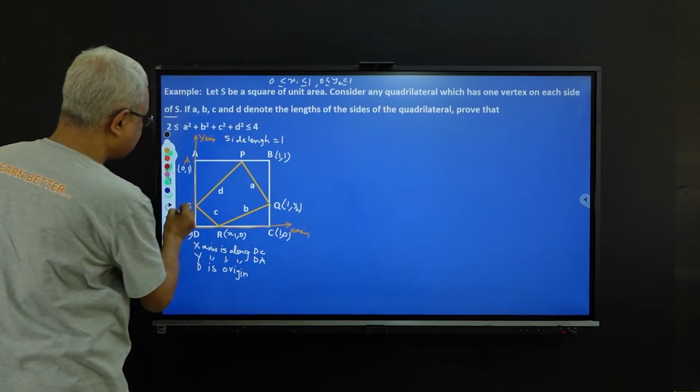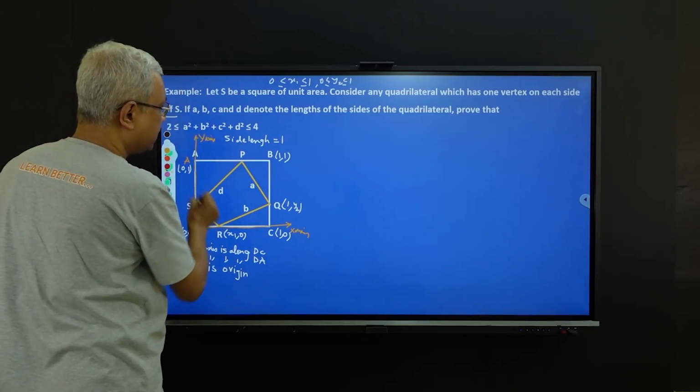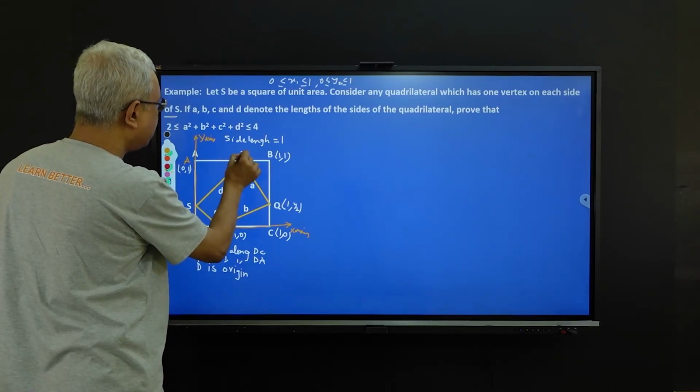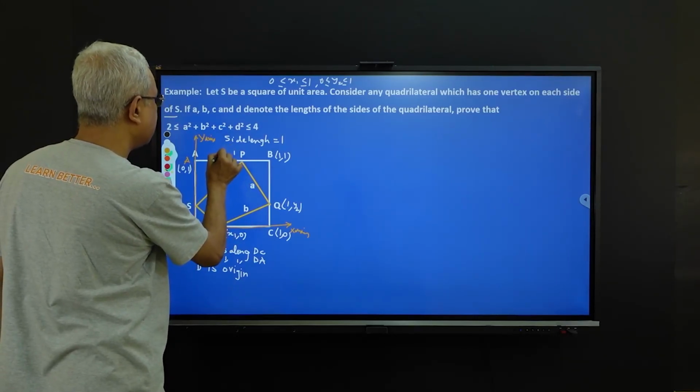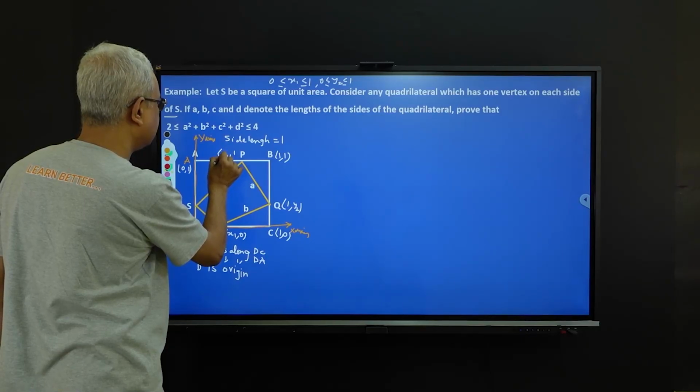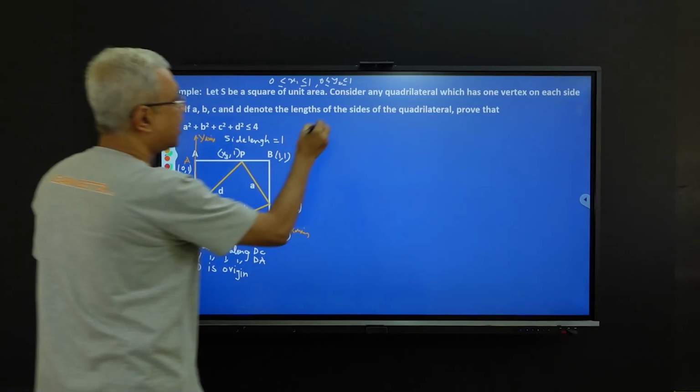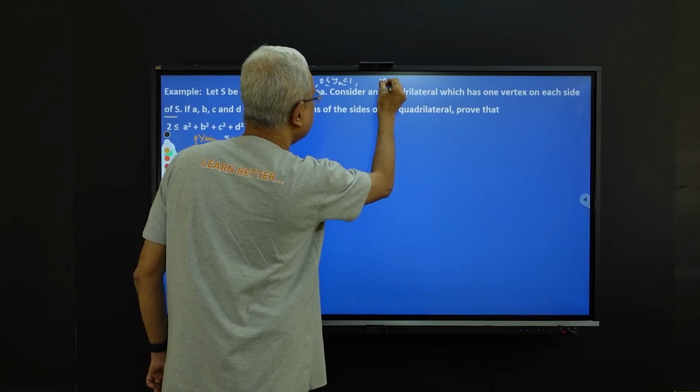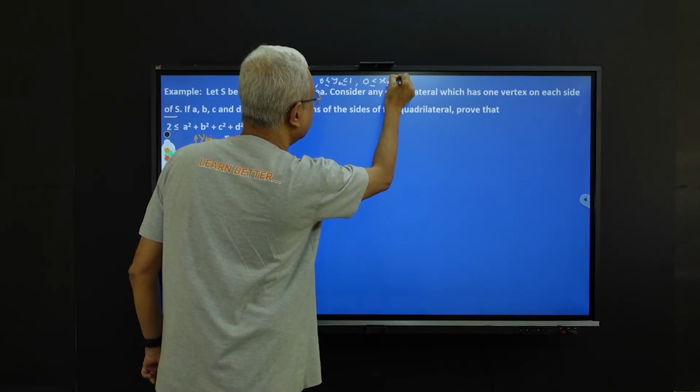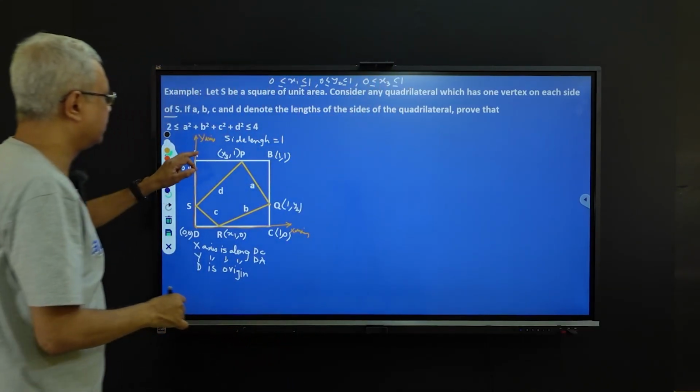Similarly, P's coordinate is (x3, 1), where x3 is greater than or equal to 0 but less than or equal to 1.